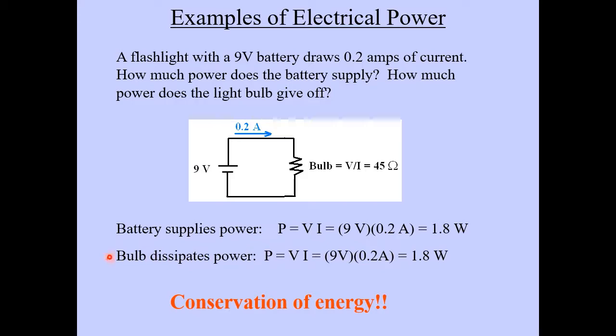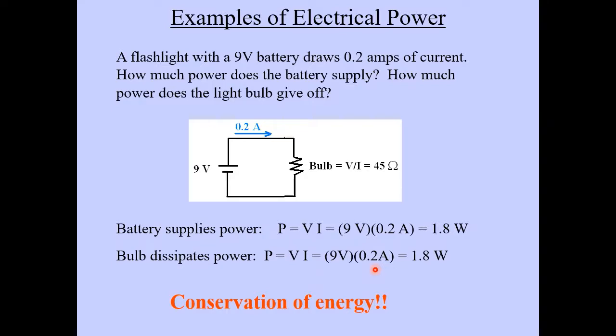Now the bulb dissipates power. In other words, the battery supplies the power. Where does that power go? Well, it actually gets converted into light and heat, which leaves the circuit and goes into the environment. So how much power does the bulb dissipate? Well, we use the same thing. P equals V times I. Notice the bulb is connected to the 9-volt battery, and the current flowing through the bulb is, again, 0.2 amps.